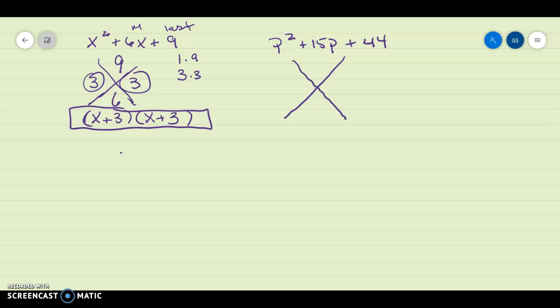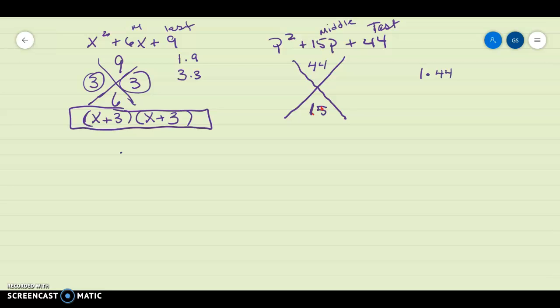So let's just start this out by putting a 44 in the top and a 15 in the bottom. This is your last, and this is your middle. Okay, so again, we're looking for all the factors of 44.